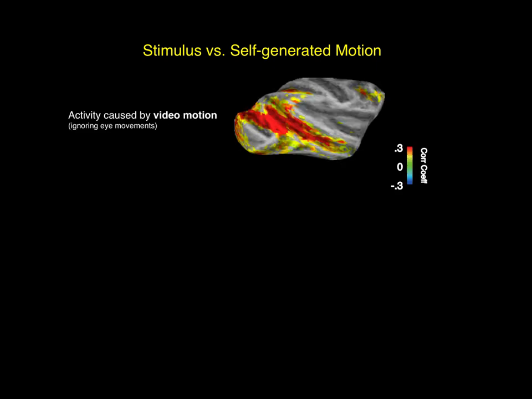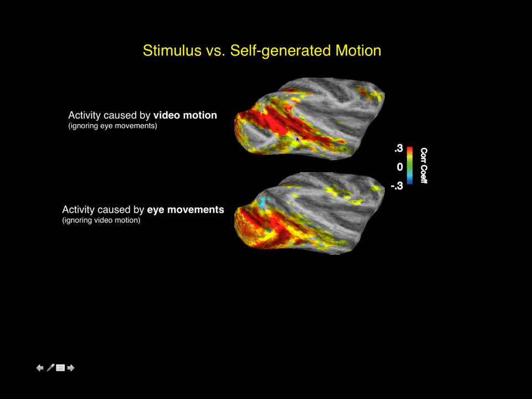What we did was we took the trial-by-trial variability and ran a regression looking at how the stimulus motion, which I've already shown you, activates the brain. Here you can see that same motion map from earlier. It's activating a lot of the superior temporal sulcus, V4, into the lateral temporal lobe.